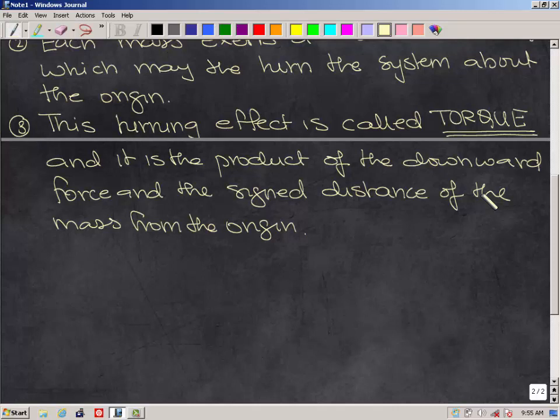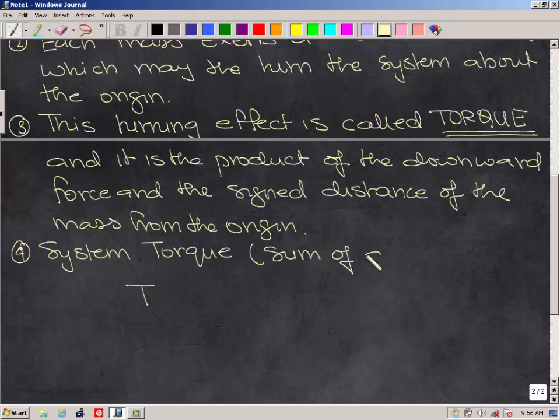So the next thing we're going to talk about is system torque. The system torque is basically the sum of all torques. I'll call it T. System torque is the sum of all the torques.